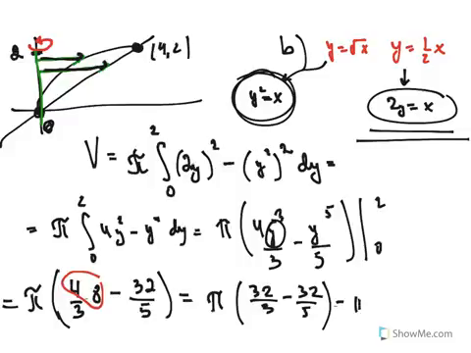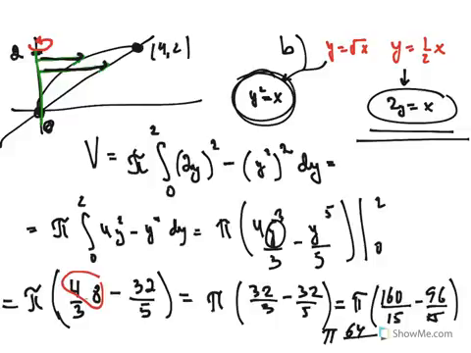Common denominator is 15, so you get 160 over 15 minus 96 over 15, and your final answer is pi times 64 over 15. So sorry about that. Next, that would be C.